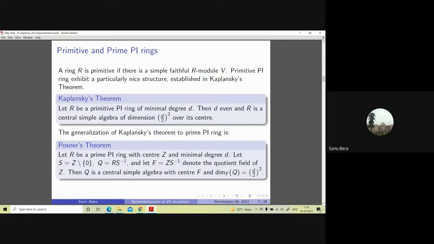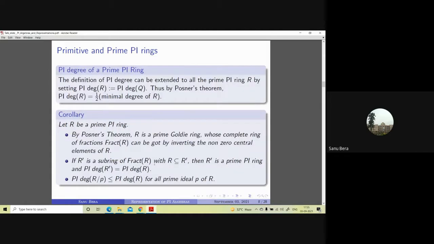And from this point of view, we can extend the definition of PI degree for a prime PI ring to: PI degree of R equals PI degree of Q. Just for a prime PI ring R, we can define its PI degree through its central extension, which is a central simple algebra. So by Posner's theorem, we can say that the PI degree of R is half of the minimal degree of R, because we have defined it in terms of Q, but the minimal degree of Q is the same as the minimal degree of R.